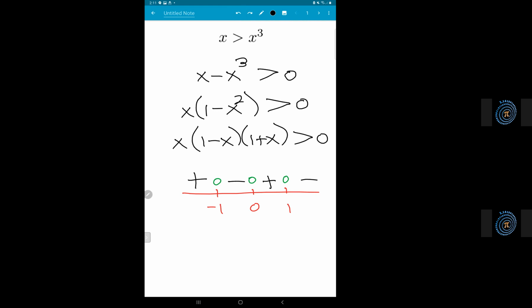So they are excluded, and these are the two intervals that we need to pick for our solution set, and we write our solution set in interval notation. So we have the solution set negative infinity to -1 open, union 0, 1 open interval.